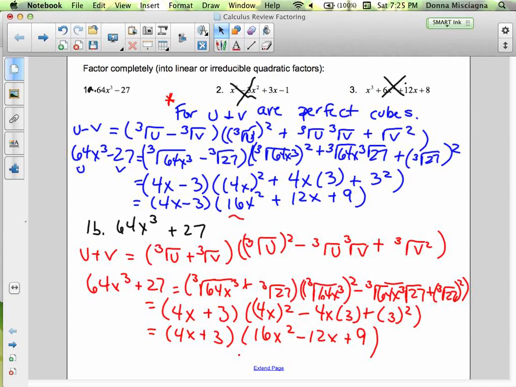And the cube root of x times the cube root of 27 is 3x, and the cube root of 27 would be 3. So without that coefficient in front of the x cubed, it gets pretty easy. And if it was x cubed plus 27, then that would just be x plus 3 times x squared minus 3x plus 9. All there is to that.